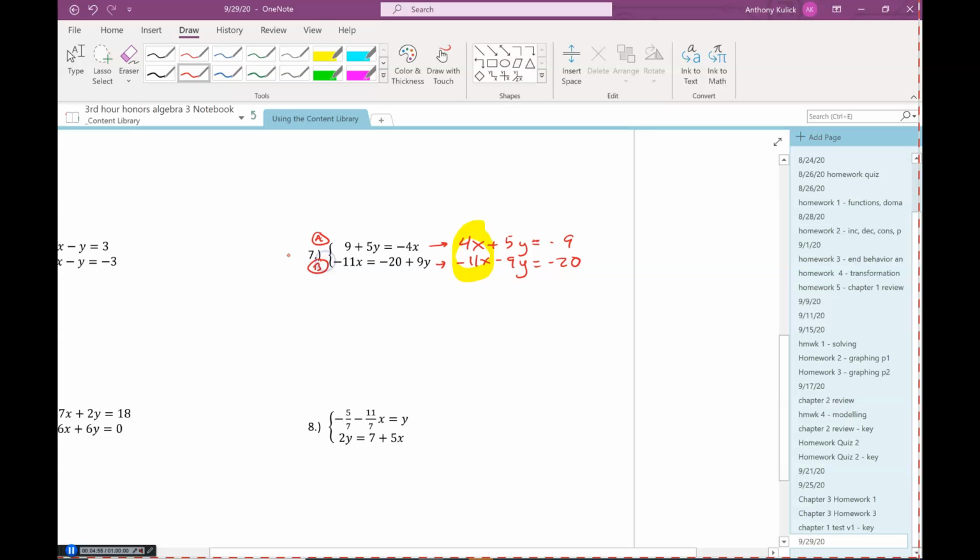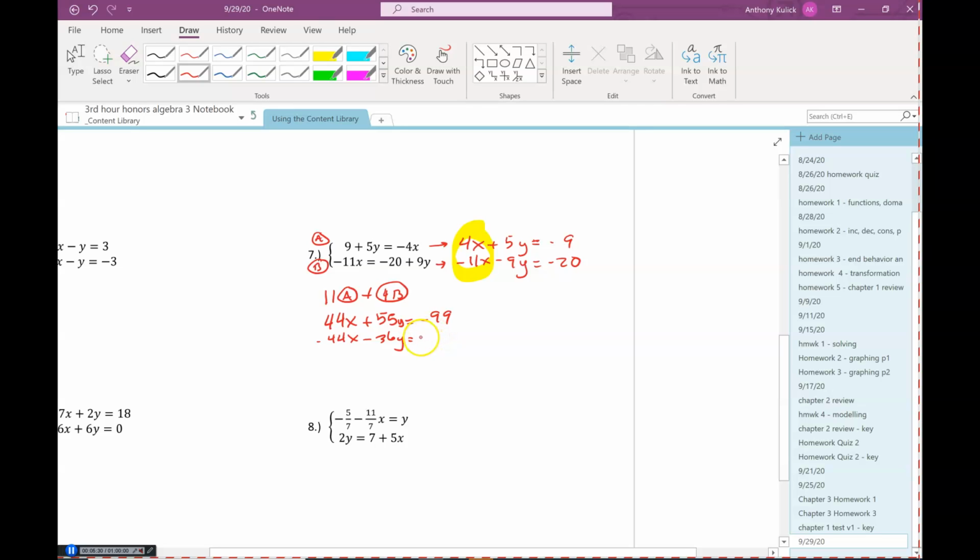So I'll do 11 times A plus 4 times B. It's going to give me 44x plus 55y equals negative 99. And then equation B I'm multiplying by 4, so it's going to be negative 44x minus 36y equals negative 80.